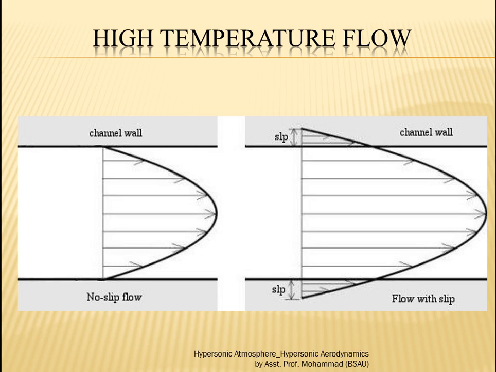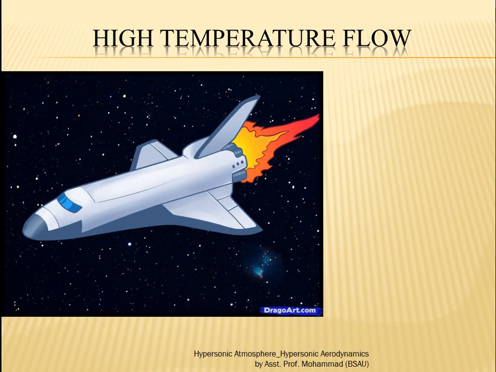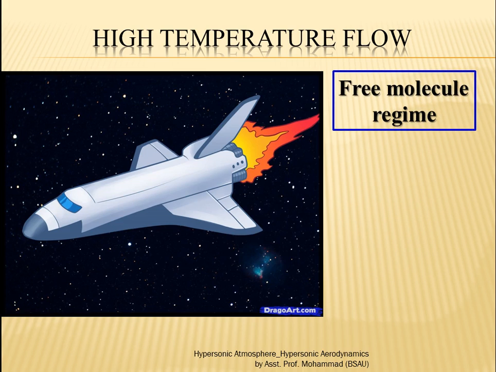Now let us see what happens when we start entering from very high altitude, where the mean free path is very large and the chances of collision between air molecules and the surface are very low. At that time we have a regime we call the free molecule flow or free molecule regime.